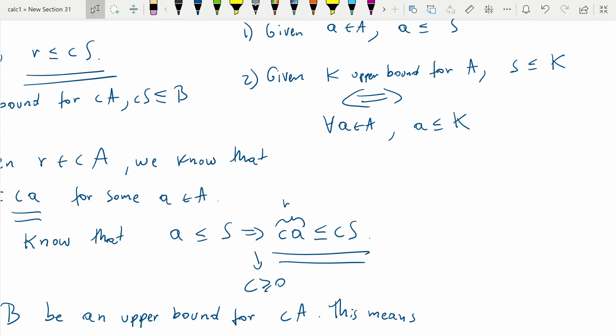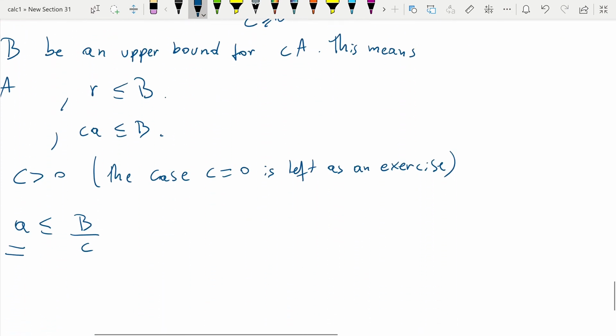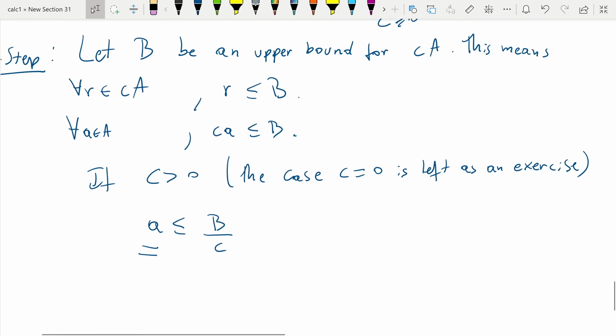For all A in A lies below or is equal to K. And this is what we said: for all A in A, A is less than or equal to B over C.